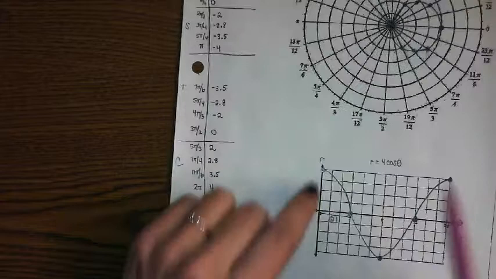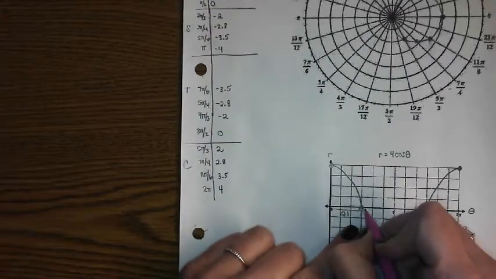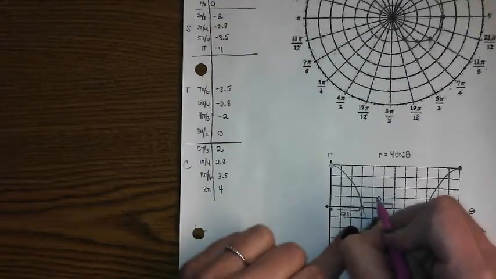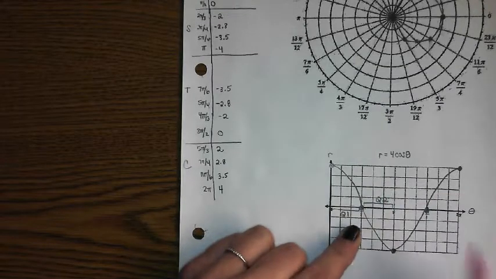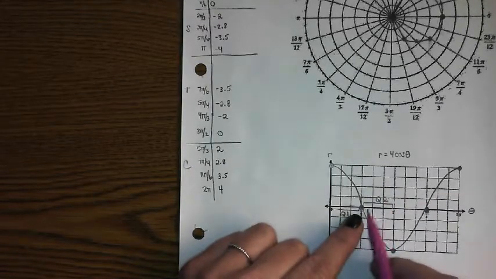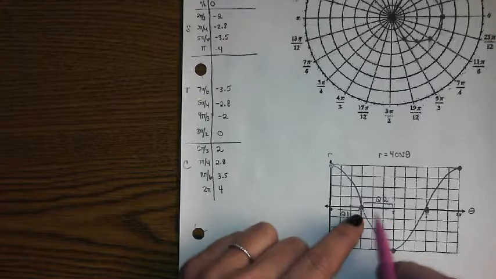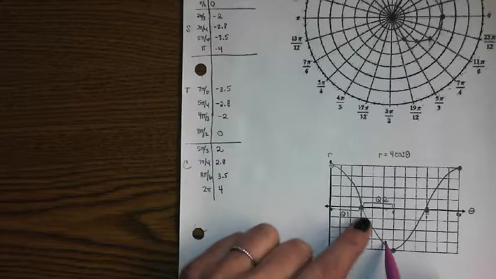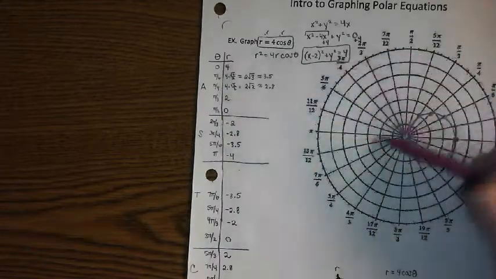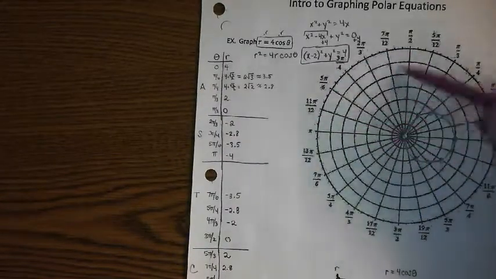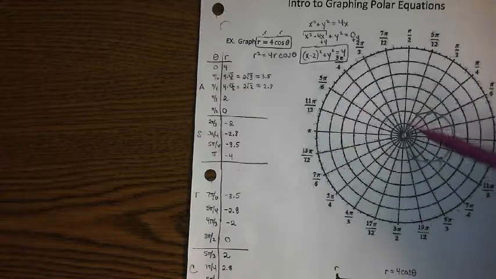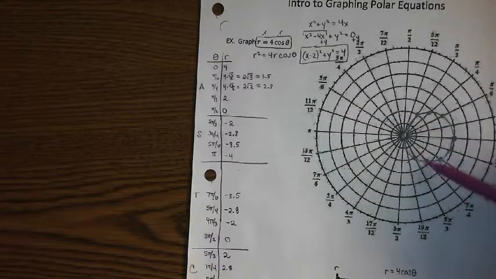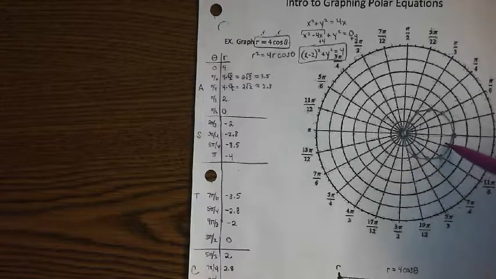Yes? Once our graph goes to quadrant 2, our quadrant 2 theta values yield negative R's. Yes? Hence the reason why we have nothing in quadrant 2. Because all of those quadrant 2 angles went and were paired with negative R values, which popped us visually over into quadrant 4. So far, so good?